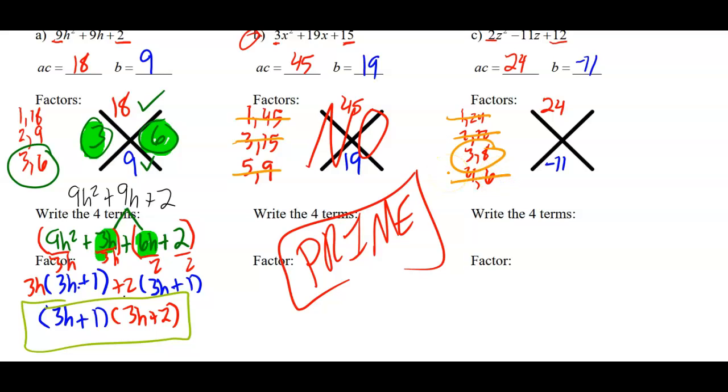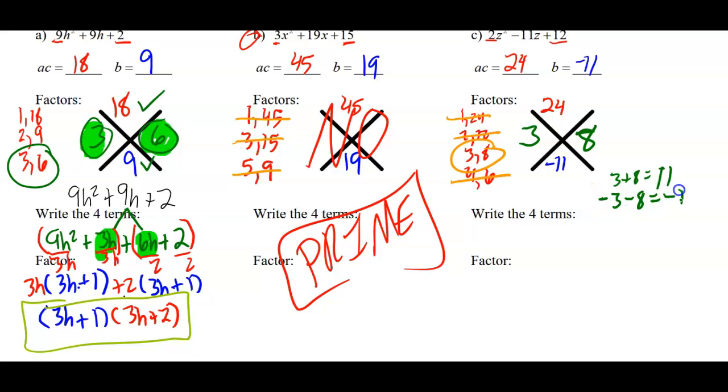Okay? Most of the time there's only one choice. Sometimes there's more than one choice. So you need to check all your pairs. But let's see. I've got 3 plus 8 equals 11. Unfortunately, that checks to the 24, but not to the negative 11. So what I really need is negative 3 minus 8.